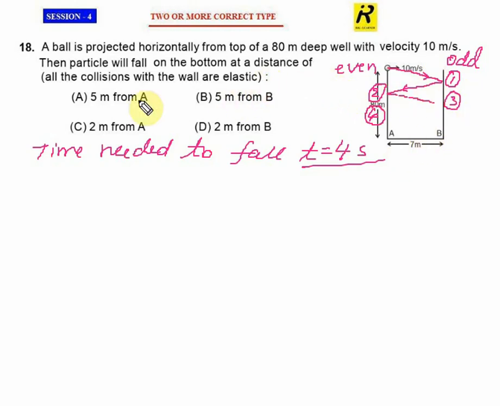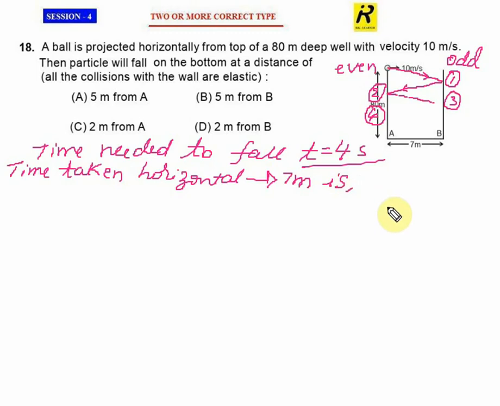What time does it take? The time taken for a horizontal displacement of 7 meters is t equals 7 meters divided by the speed, so this will be 0.7 second.